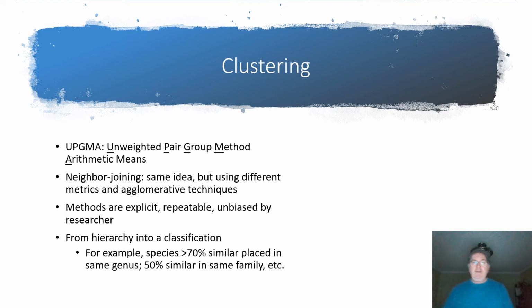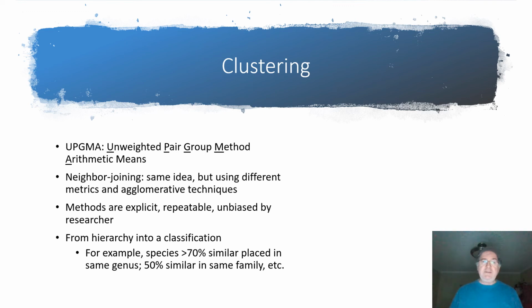Now, that tree, of course, I should be careful, that hierarchical grouping of OTUs, tree has lots of connotations which we'll get into, is itself, in some senses, a classification. But in terms of translating that into the Linnaean hierarchy, where do we draw the line for which species should be grouped together as a genus, which species should be grouped together as a family?